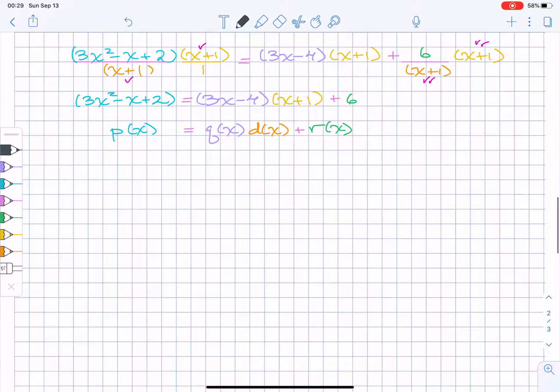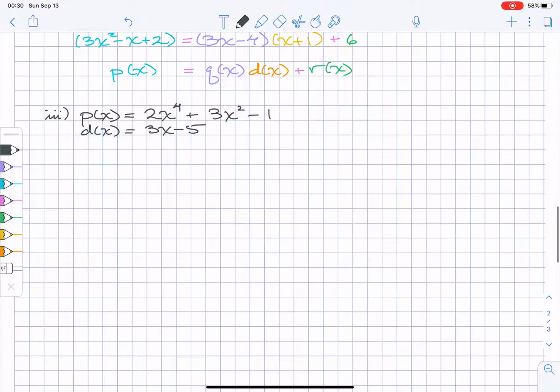So let's do one more of these for good measure. Let's say we had p of x equal to 2x to the 4th plus 3x squared minus 1, and our d of x was 3x minus 5.